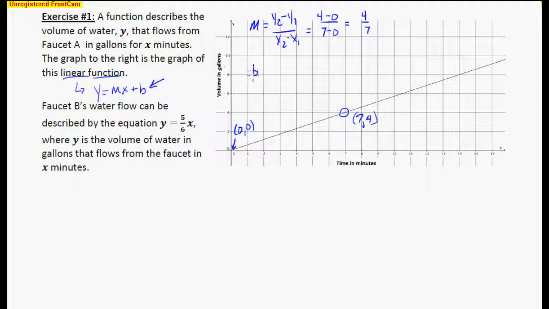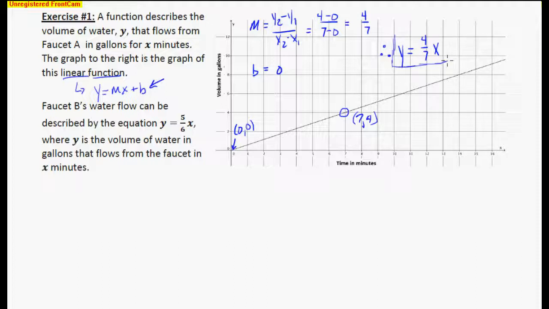Now, what would my b, my y-intercept, be? Well, the y-intercept is where it crosses the y-axis, and that's the point (0, 0) here. So b is 0. That means my equation that describes this graph is y equals 4/7 x, since y equals mx plus b and in this case b is 0.